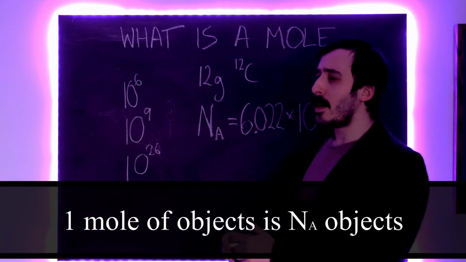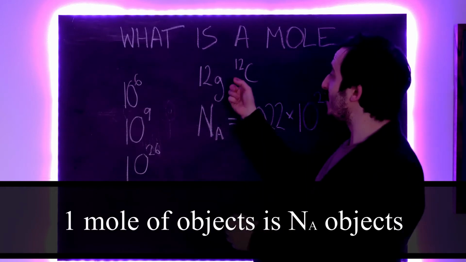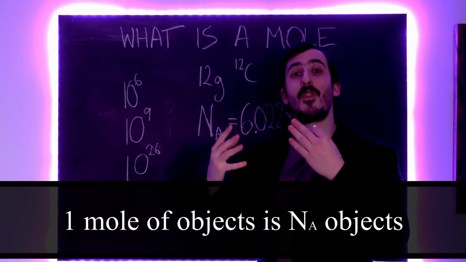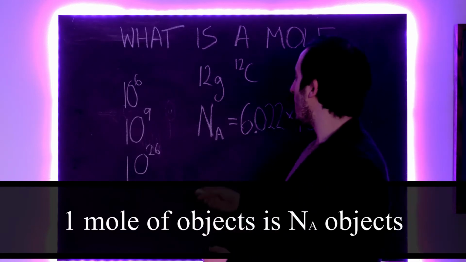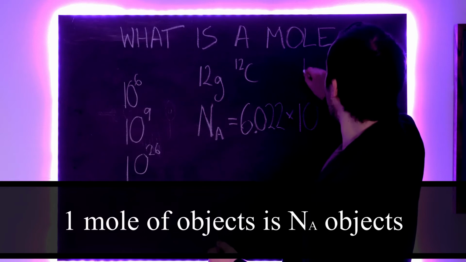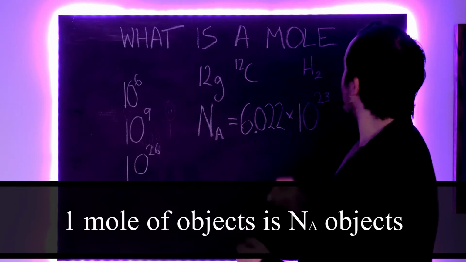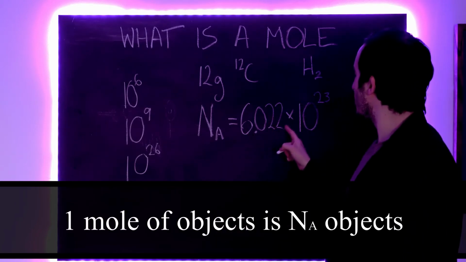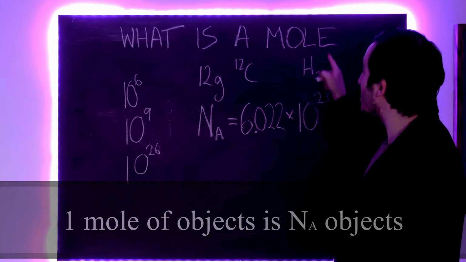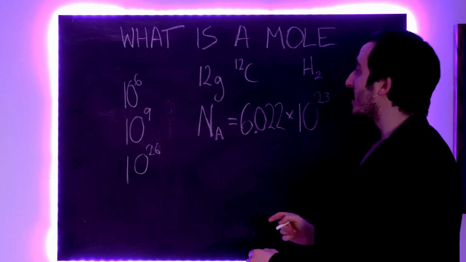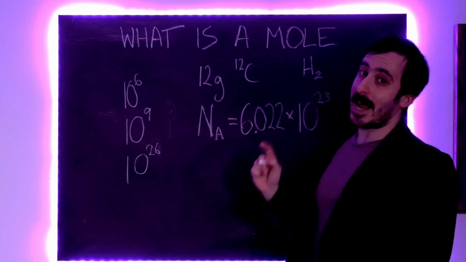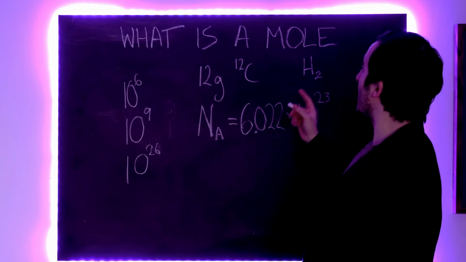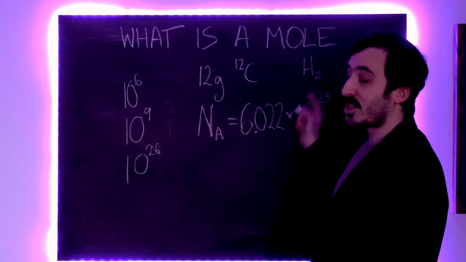So you'll also notice that when I gave the definition of the mole, I said it's the number of objects. So if we have 1 mole of hydrogen molecules, H2, then that is 6.022 times 10 to the 23 H2 molecules, right? It's not 6.022 times 10 to the 23 H atoms, right? Because that would be half a mole of H2 molecules, right?